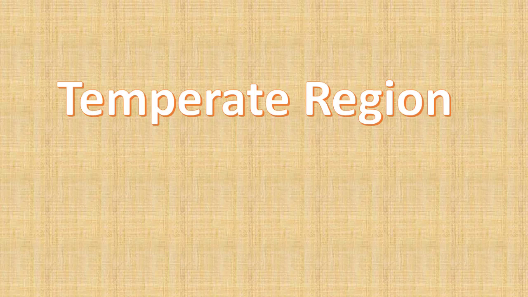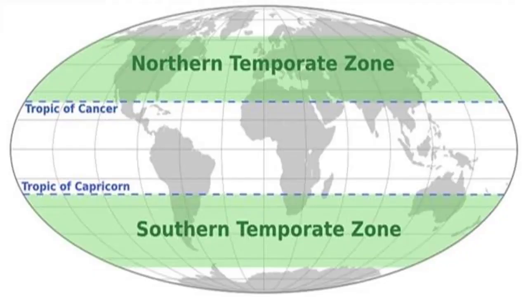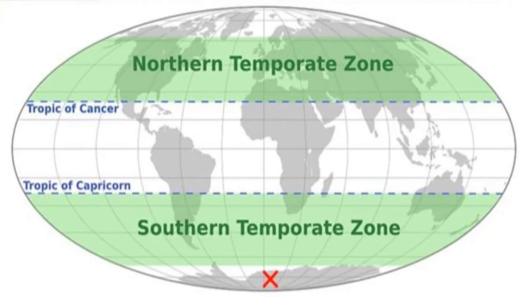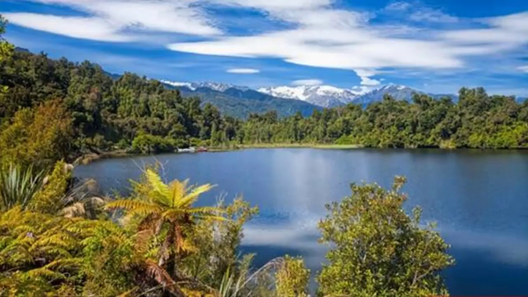Students, our today's topic is the temperate region. This region includes all the continents except Antarctica. Temperate means neither too hot nor too cold, which is what the climate in the zone is.